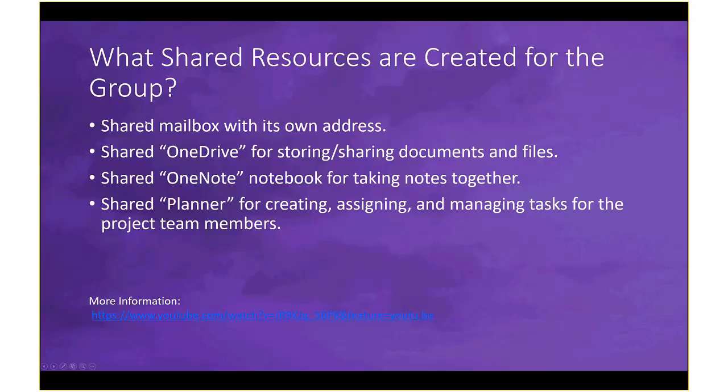Really quickly, I wanted to introduce the capabilities, features, and collaboration tools that are built when you create a group. As I mentioned a couple of times, there's a shared mailbox with its own address that you can send email to, and there is a shared OneDrive for storing and sharing documents and files.